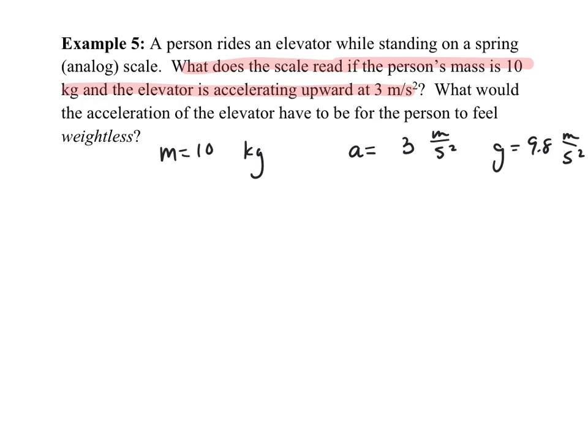If I were to draw a free body diagram of the person, let's put a dot here. On the left, I'm going to draw a sketch first: elevator, elevator cable, scale, person. Okay, here's my sketch. This is not my free body diagram, this is my sketch.